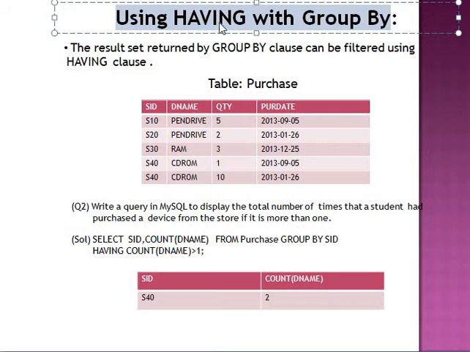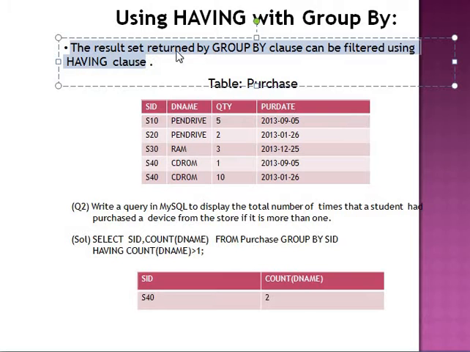You can also use the having clause in conjunction with the group by clause. The result set returned by the group by clause can be filtered using the having clause. That means once you execute a query that includes the group by clause, you will get a result set. That result set is nothing but the output.